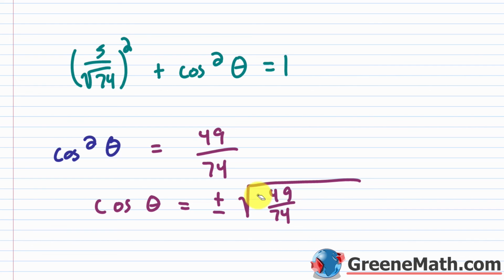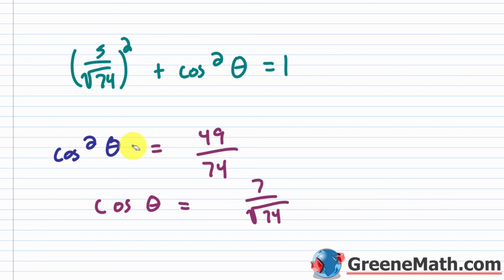Now, you could break this up and say this is the square root of 49 over the square root of 74. And again, for the square root of 49, that's 7. So let me write 7 over the square root of 74 like this. We know we want the principal one there because, again, we're in quadrant 1.